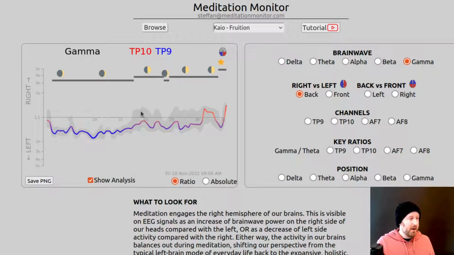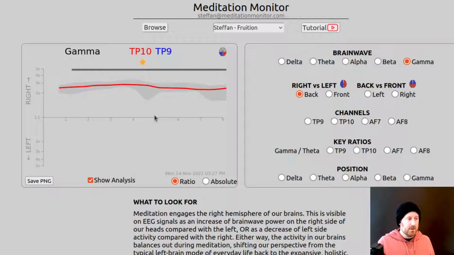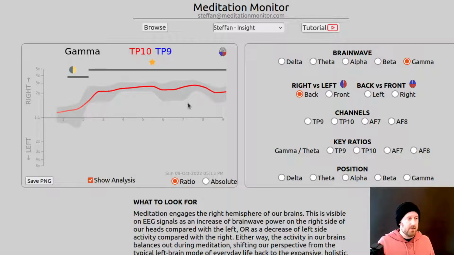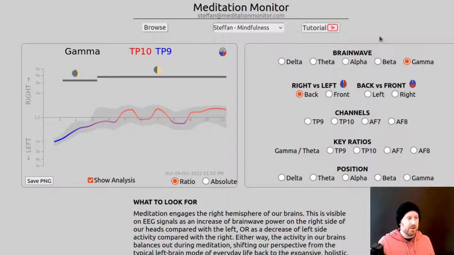So the more left regions are more the moon, if it's really left, then there'll be a new moon, and then it goes all the way up to full moon. Let's see if I have some other examples here. With a star being when the regions are especially high, although I'm getting ahead of myself, I think. Yeah, let's just start with mindfulness.